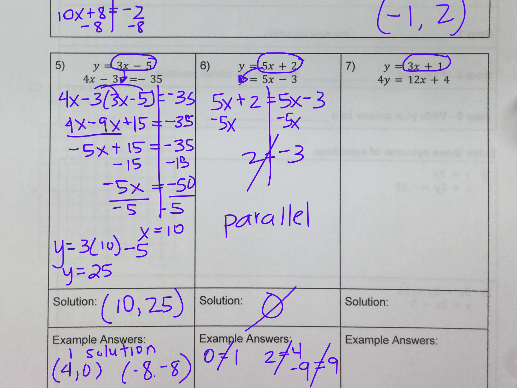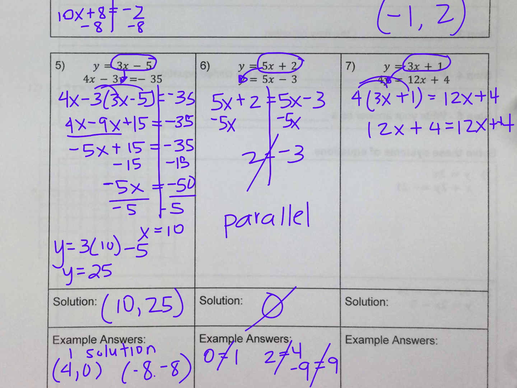Last one. Circle that guy. We're going to put him in place of the y. 4 times 3x plus 1 equals 12x plus 4. Distribute, and I get 12x plus 4 equals 12x plus 4.